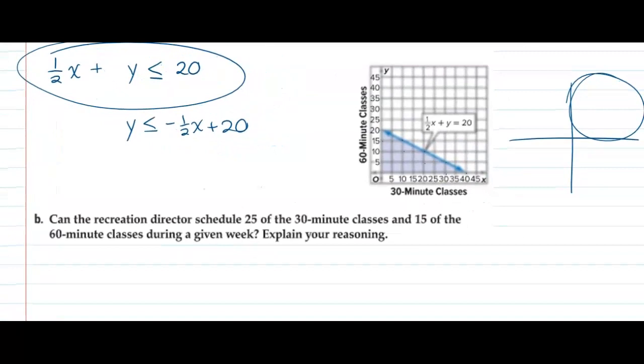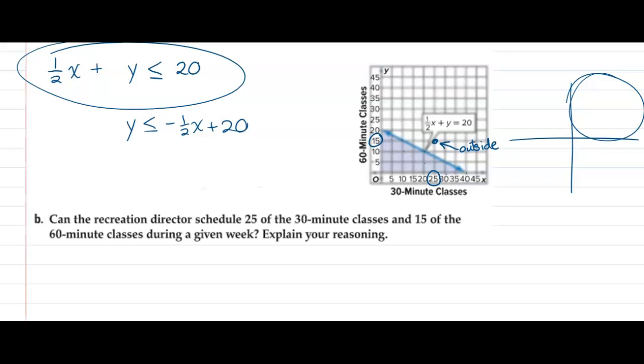Next, it says, can the recreation director schedule 25 of the 30-minute classes and 15 of the 60-minute classes? Well, if we see where these would intersect, the point is right here, which is outside our solution area.